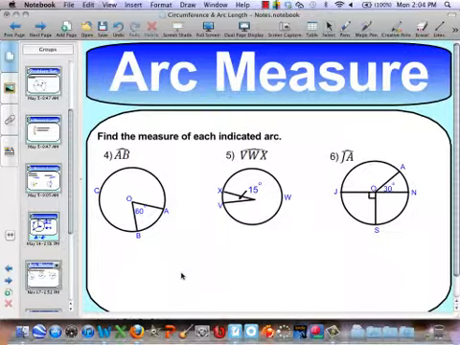No. Arc AB from A to B, 60 degrees. You guys remember, the measure of the arc is the same as its central angle.